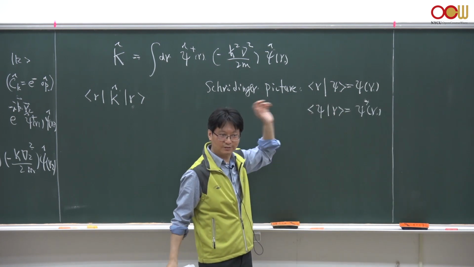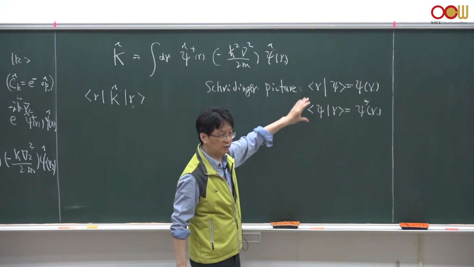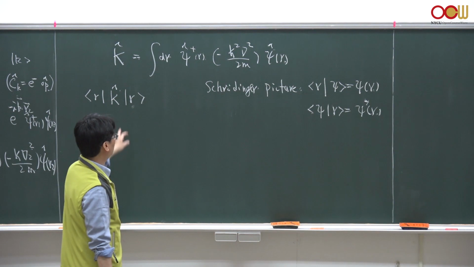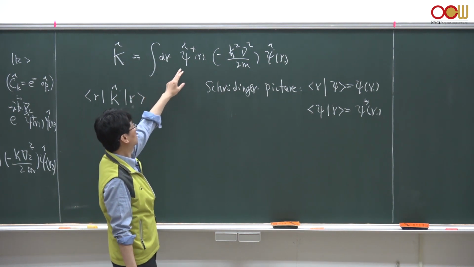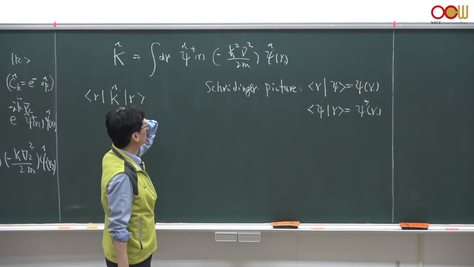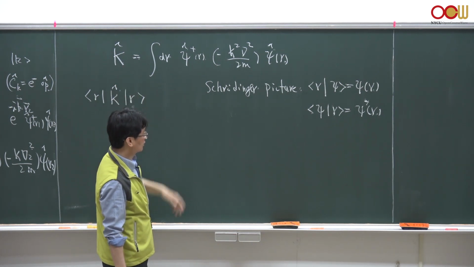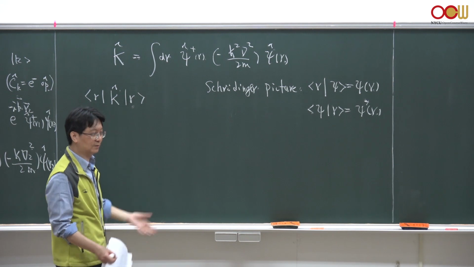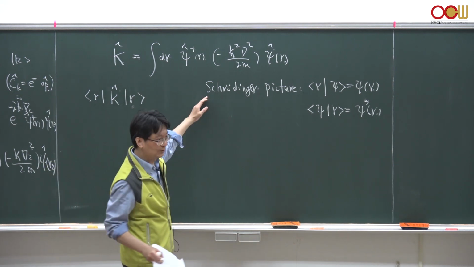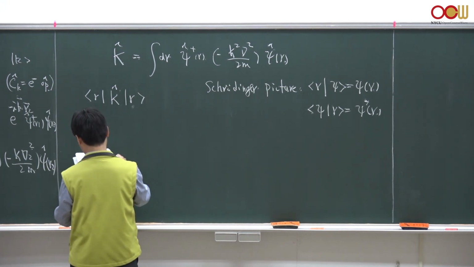Do you remember that? Taking advantage of such identity in quantum mechanics, you can very easily show that this real space operator expressing the kinetic energy operator is going to give you exactly the same results when you follow this Schrödinger picture. So let's do it.